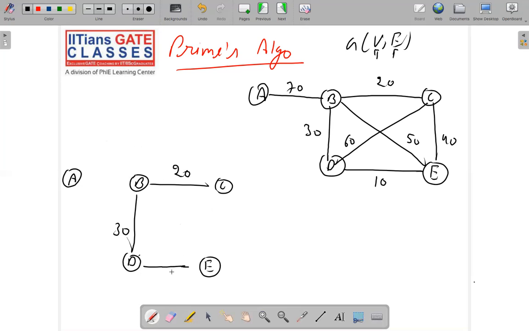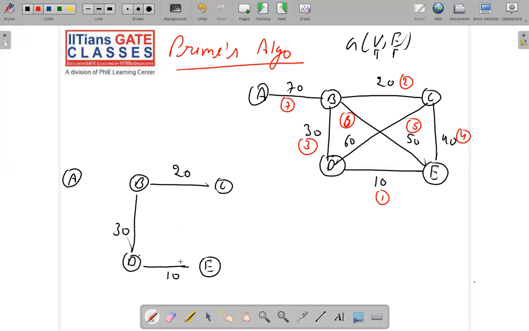So we started from minimum to maximum edge. This is the first minimum. Let me give an order here. This is the first edge. This is the second edge. This is the third edge. This is the fourth edge. This is the fifth, with increasing weight, I'm labeling them. This is the sixth, and this is the seventh edge.